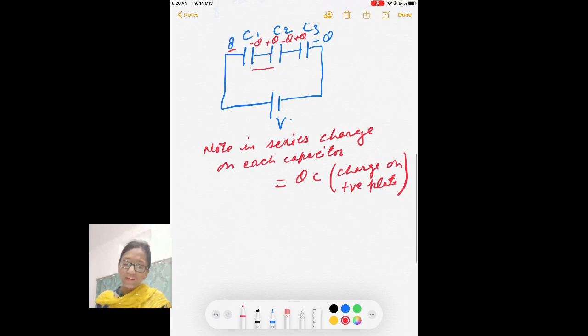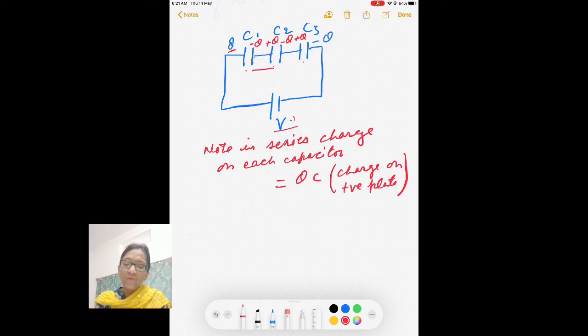Now potential. Potential, as we know, is the work done in bringing unit positive charge. So net energy will be equal to work done, and the net work energy will be distributed to these capacitors.